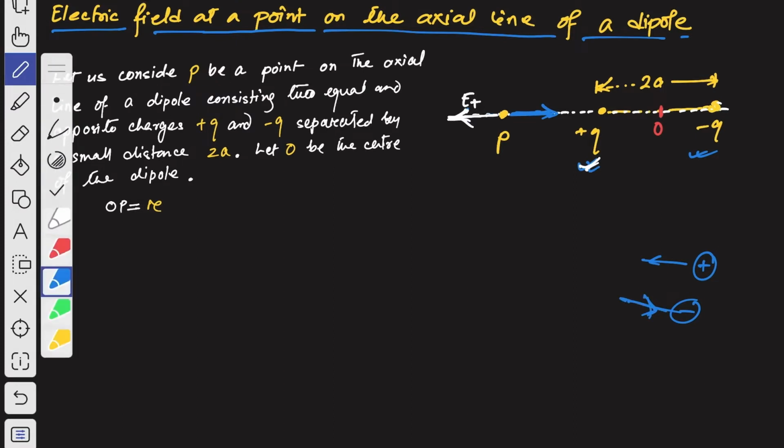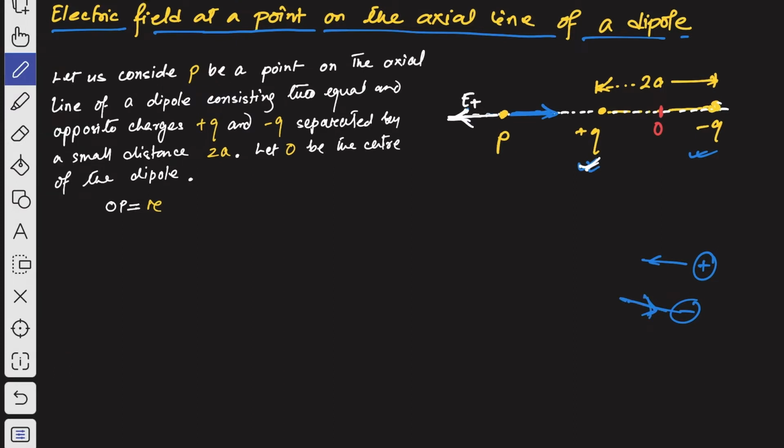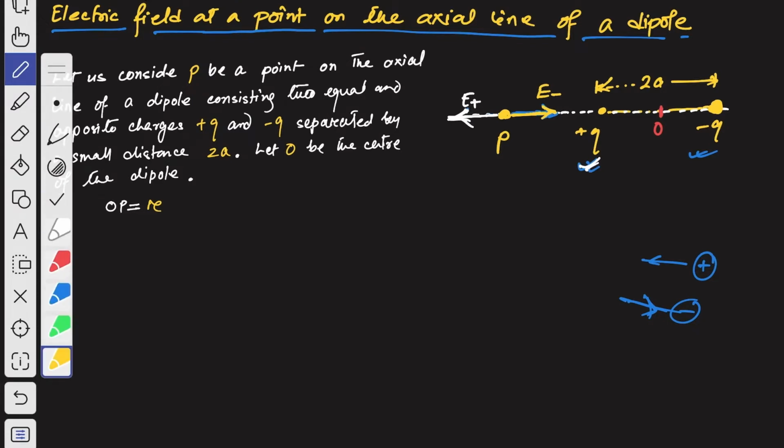This is the direction of that field in yellow color. Let me represent it by E minus.